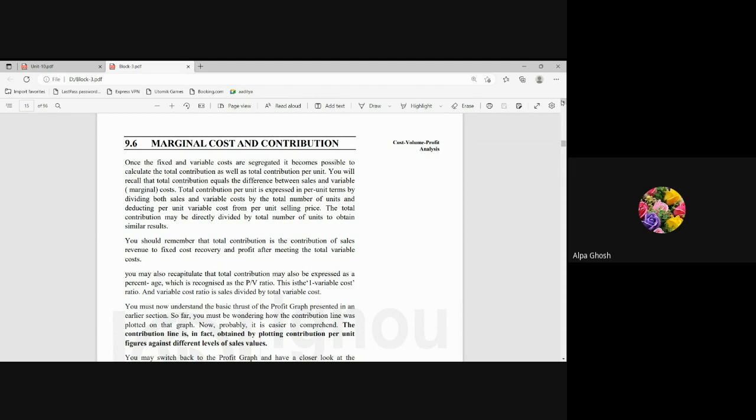Total contribution equals the difference between sales and variable cost, and contribution per unit is expressed in per unit terms. How to express it per unit? We divide both sales and variable cost by the total number of units. It's the unitary method: if you want to find the price of 1 unit, we divide by the total number. So total contribution is the contribution of sales revenue to fixed cost recovery and profit after meeting the total variable cost.